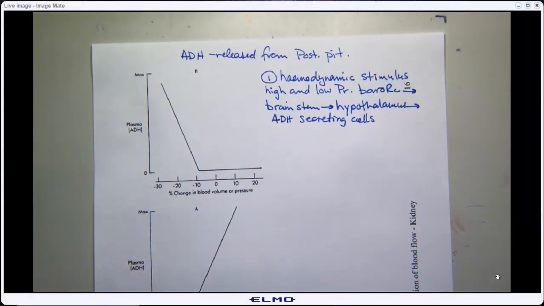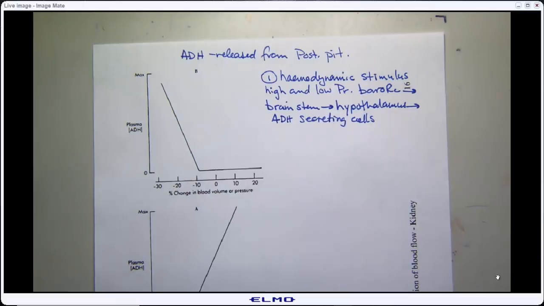So tonic signals from these baroreceptors, because these baroreceptors are always sending a signal, right? They're never off, because you always have a pressure in the high and low pressure baroreceptors, so in your aorta, in your carotid artery, and over on the low pressure side of things, right atria, pulmonary arteries. We've always got this tonic level of signaling that inhibits ADH release, right?